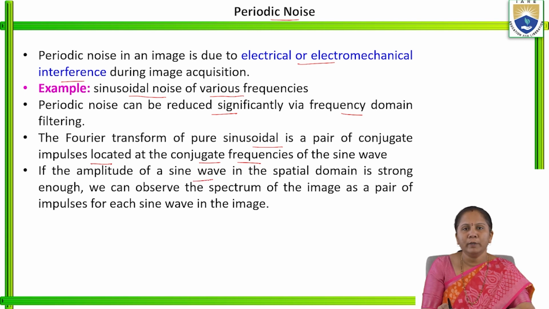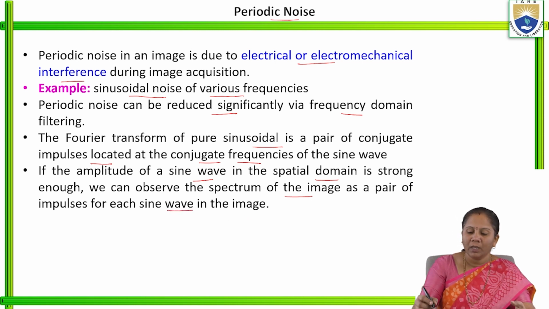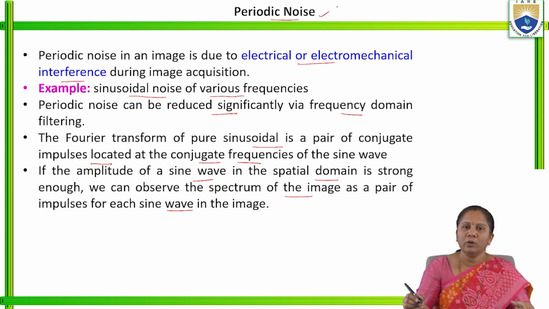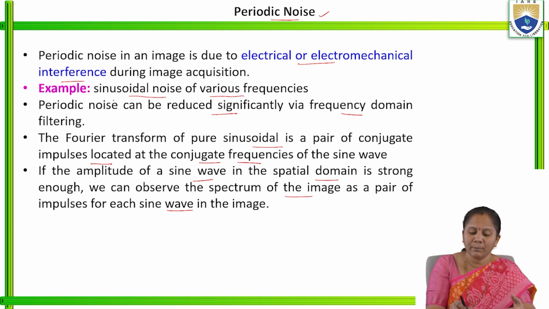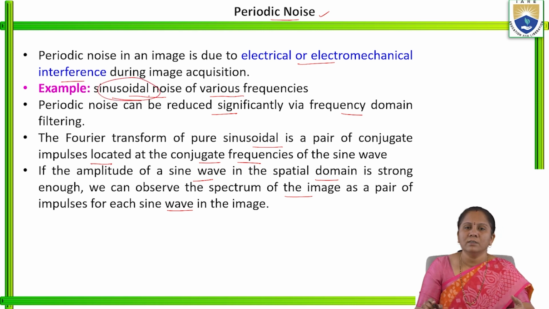If the amplitude of the sine wave in the spatial domain is strong enough, we can observe in the spectrum of the image a pair of impulses for each sine wave in the image. So for periodic noise, we are discussing based on the example which is sinusoidal noise.